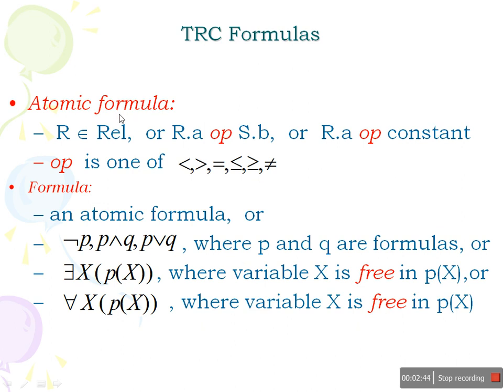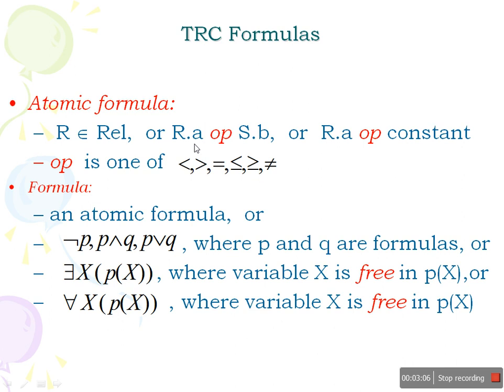These are the formulas which we can include in P of T. That is, R belongs to Rel. Here R is a tuple variable which belongs to Rel, and Rel is nothing but a relation name.